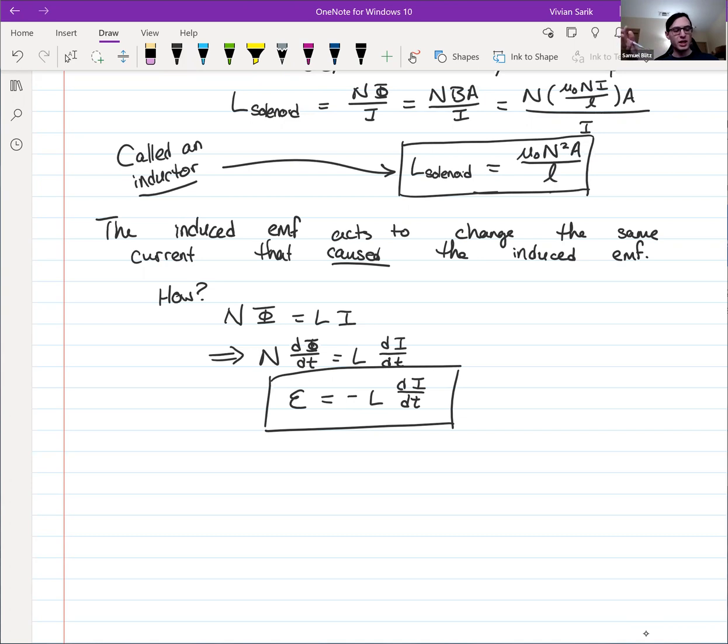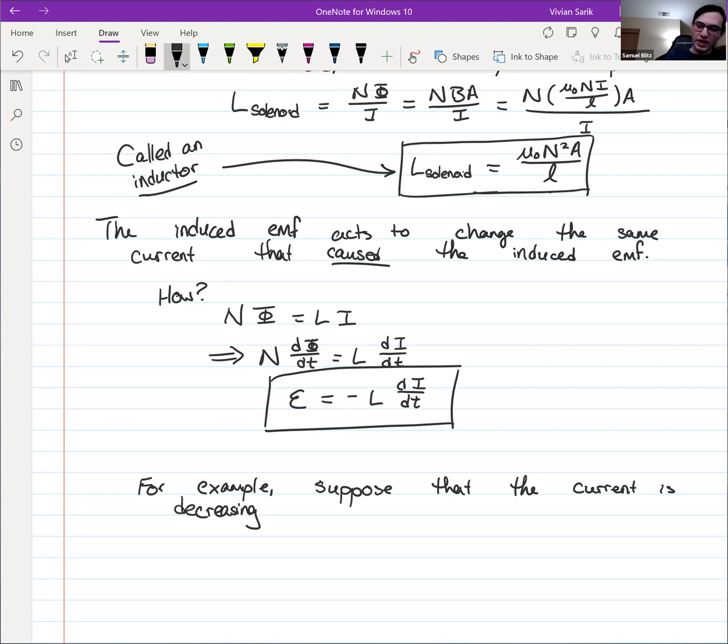So the EMF is induced so that it reduces the change in current as much as possible. Imagine for a moment, for example, suppose that the current is decreasing in a solenoid.